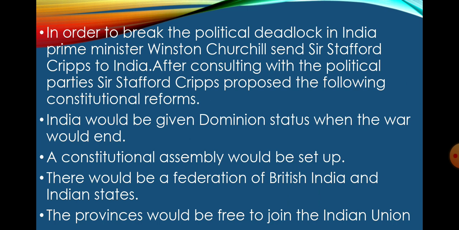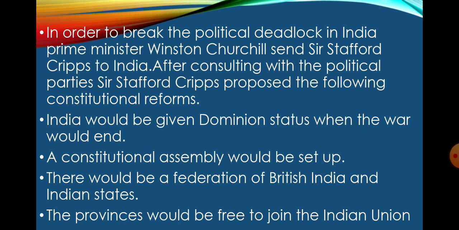Third promise, there would be a federation of British India and Indian states. Once the Second World War came to an end, some reforms will be made in India. India will be made a federation. You know what is a federation? A federation is a group of states. India will be a federation consisting of British India and Indian states.